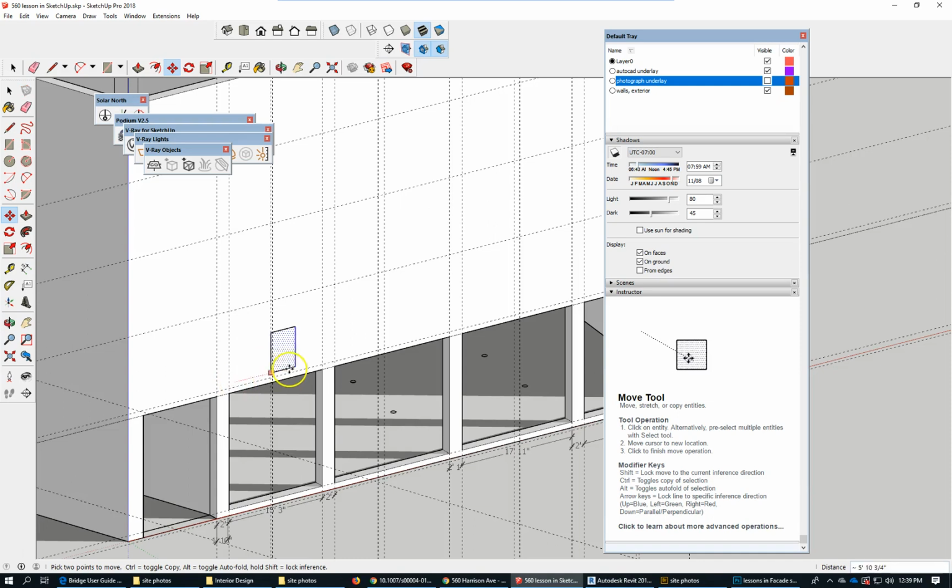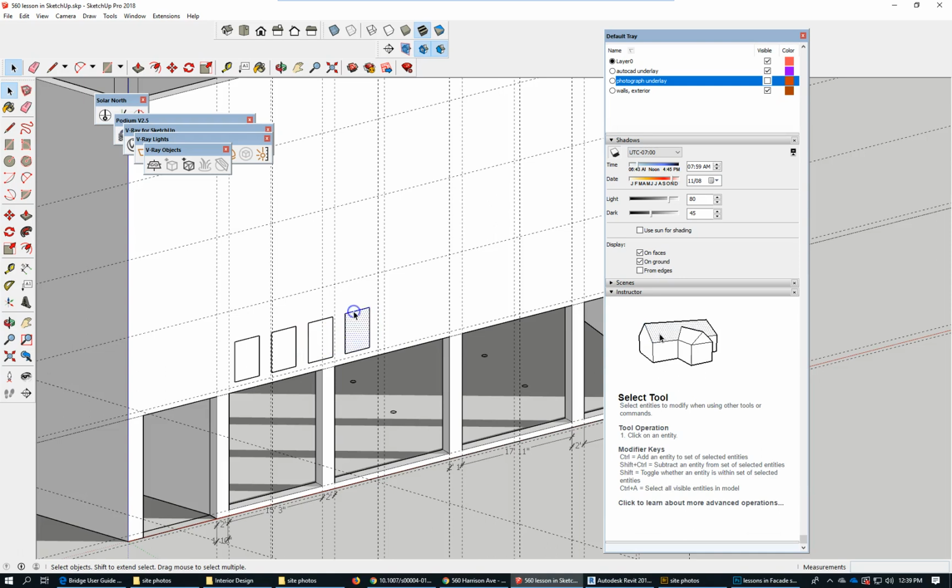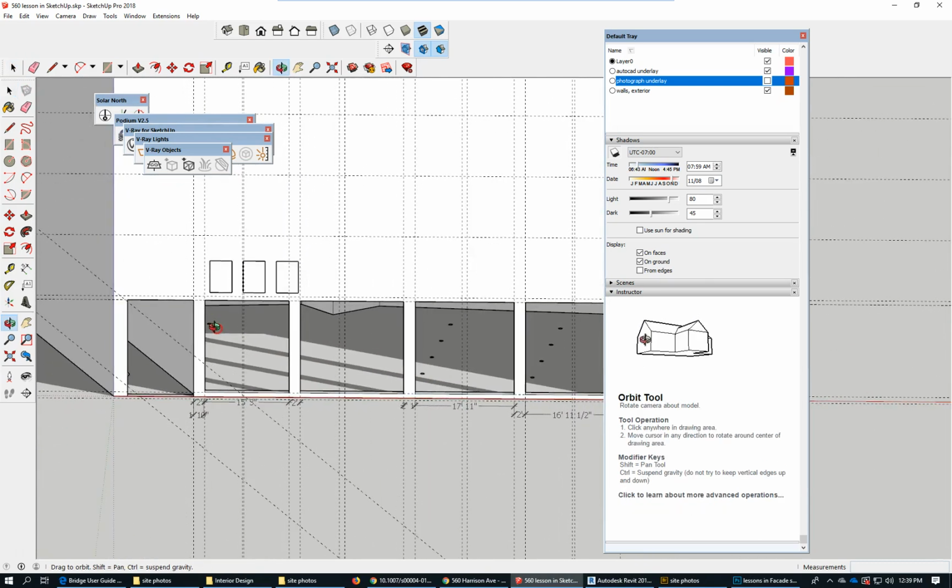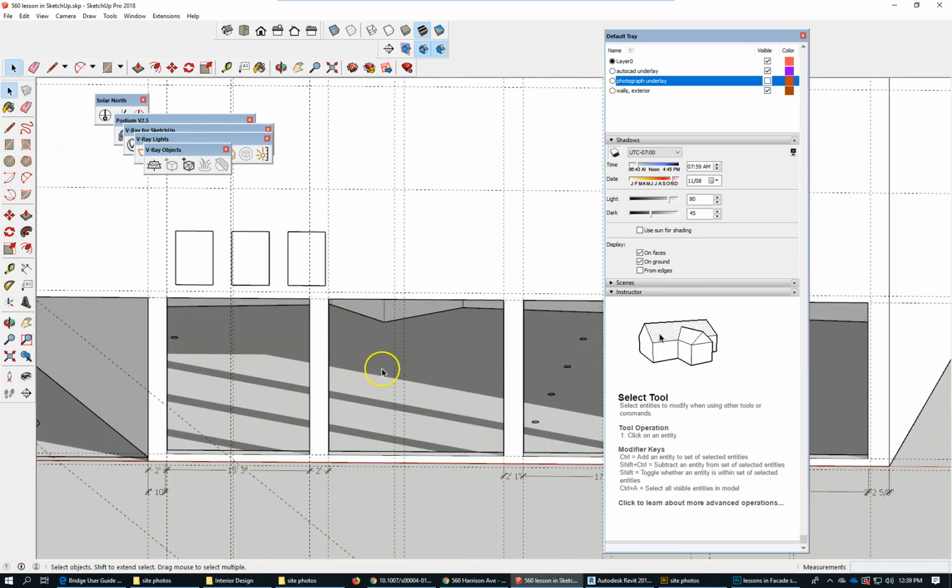Move copy, looks like about, let's try 6 feet, 3x. That's too many. How does that work? Doesn't work, doesn't fit.